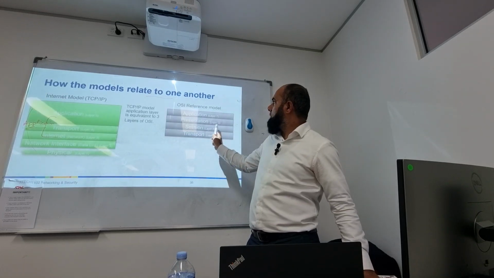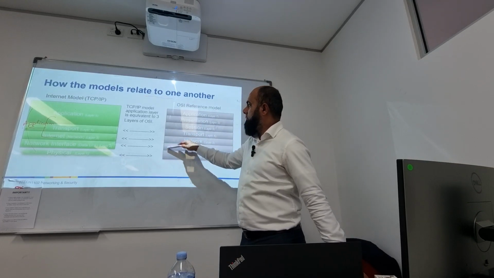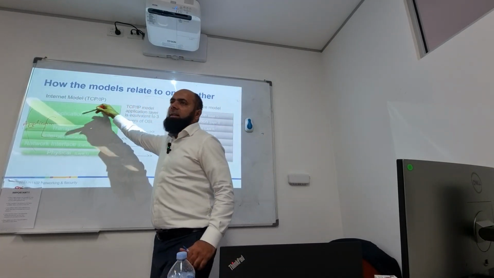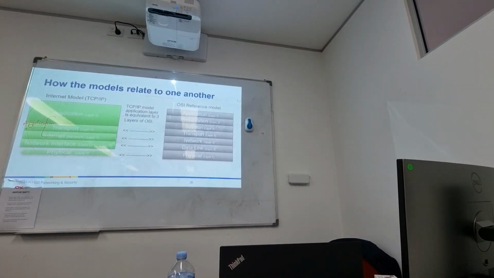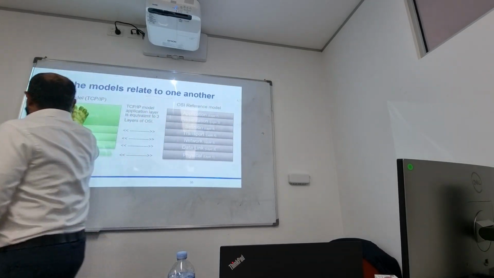Here you can see the difference. These are all the same, just these 3 are in one. OSI is more advanced, but TCP/IP is more in use nowadays. OSI was the initial conception of the idea, but right now we are actually doing more on TCP/IP.